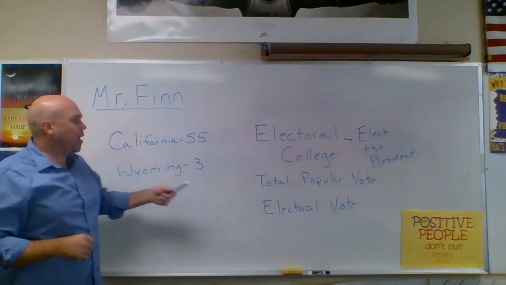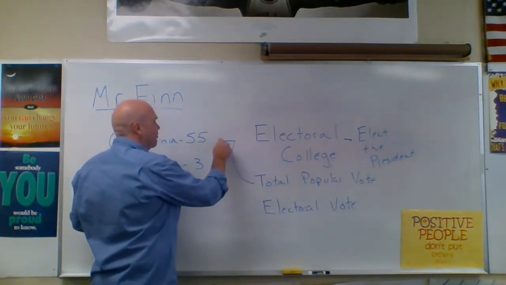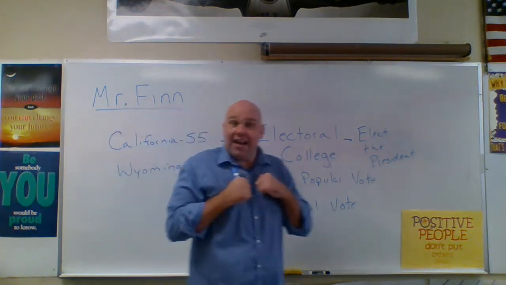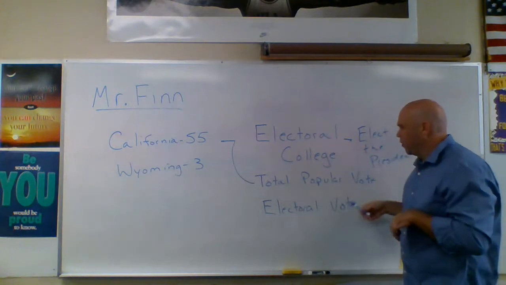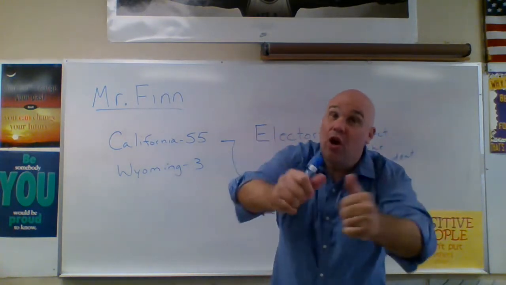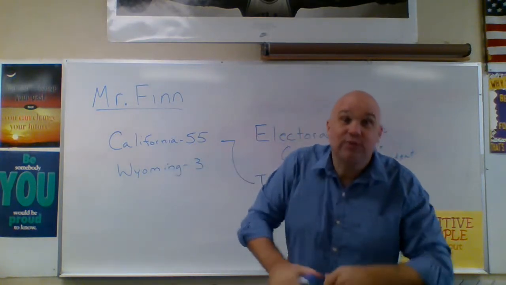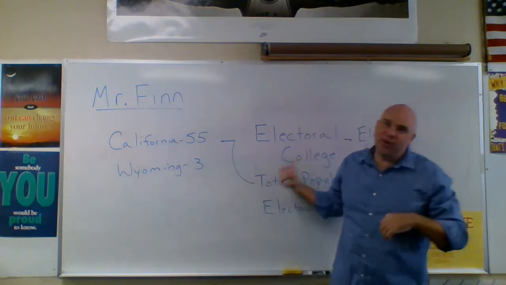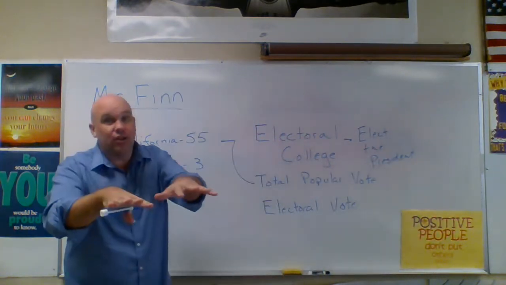So if the total popular vote came back for California and said I, Mr. Finn, was the winner, more people voted for me in the total popular vote, the Electoral College would say, okay, we give our votes, all how many? All 55 votes go to who? Go to me, because I won the total popular vote there. And that's the way the election map is going to break down that you're going to look at today.